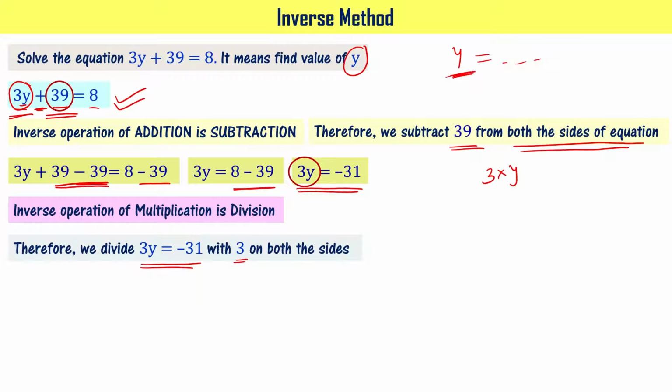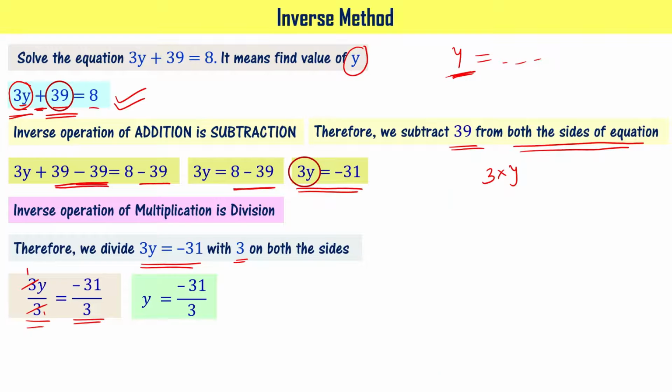When I do that, I can write it as 3y divided by 3 equal to minus 31 by 3. You see, on both the sides we have divided by the number 3. Now I can cancel this and this becomes 1 and 1. So y equal to minus 31 by 3 is the answer we are looking for, right?